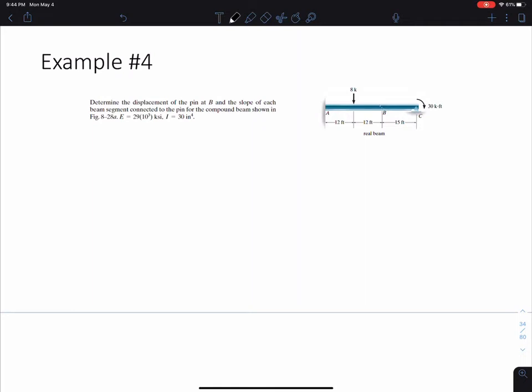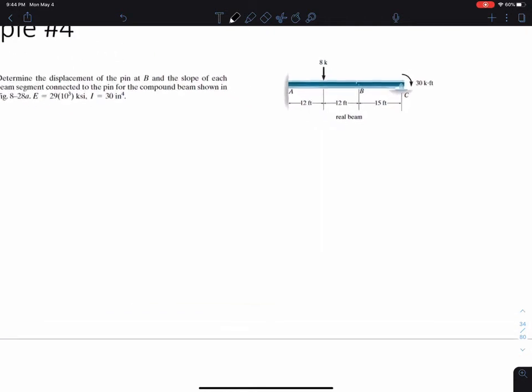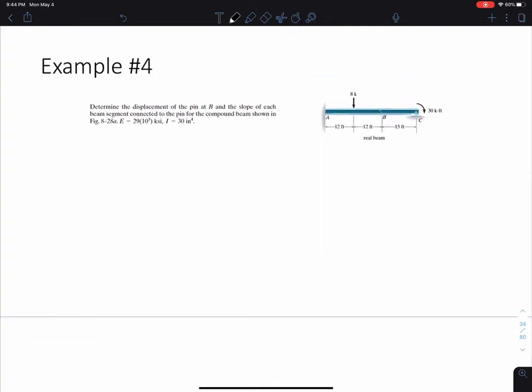So what we want to do for this example is separately analyze the 8 kip load, the 30 kip load, and the roller support at C, okay? And that way we'll be able to make this loading on our beam look a little bit better. So the first thing here, let's draw our shear and moment diagrams for this member.